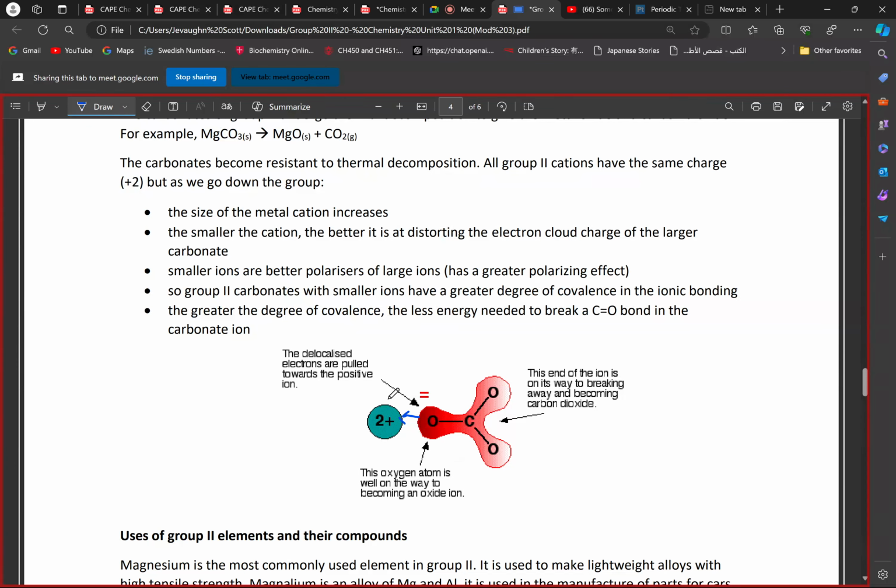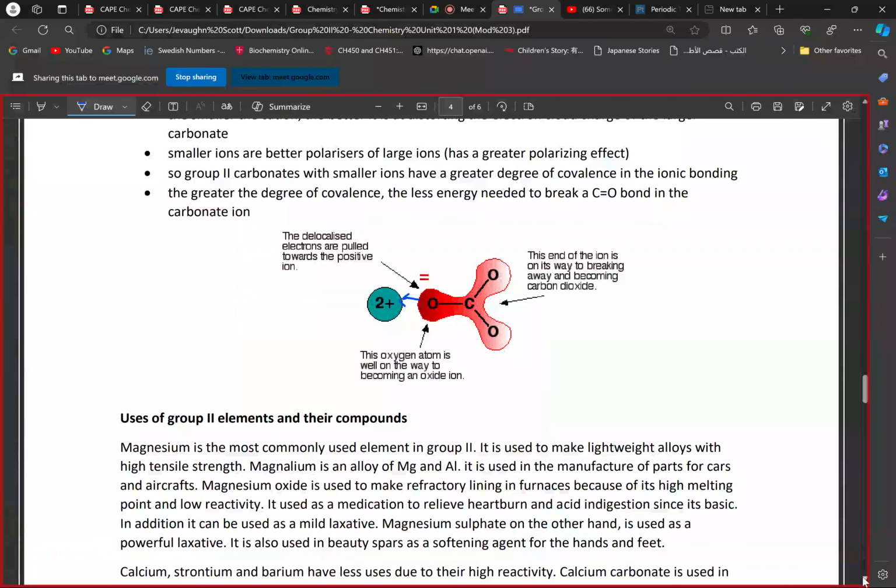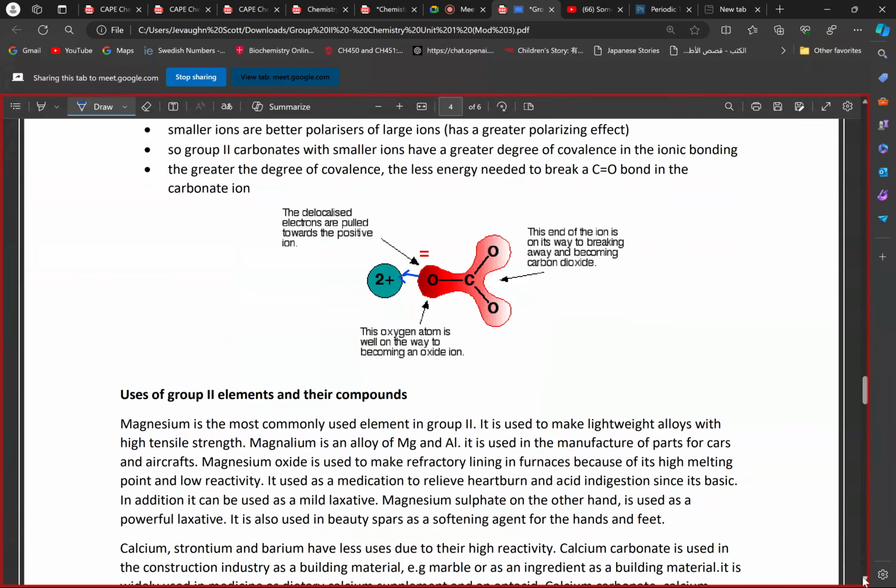The smaller the cation is, the more polarizing it is, and it allows this bond to lose its covalency and become more ionic. All right, so that's what's happening there.